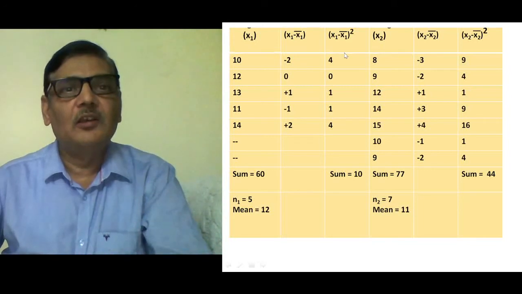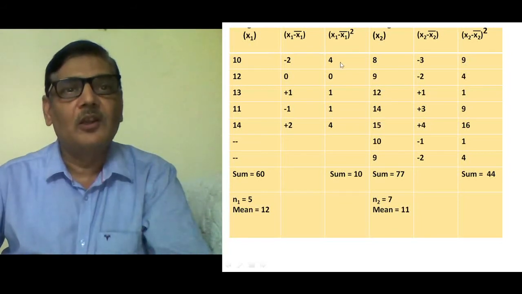Then in the third column we find X1 minus X1 bar squared. So these individual values have now been squared. 2 twos are 4, 0 multiplied by 0 is 0, 1 one is 1, here also 1, then 2 twos are 4, and finally we obtain the sum of X1 minus X1 bar squared, and that value has come to 10.